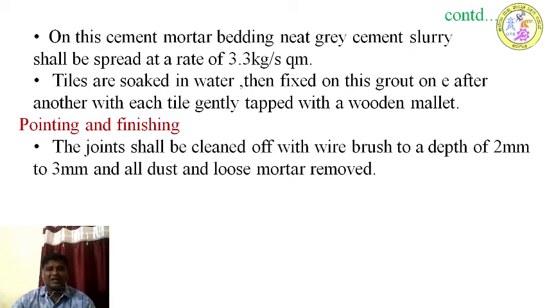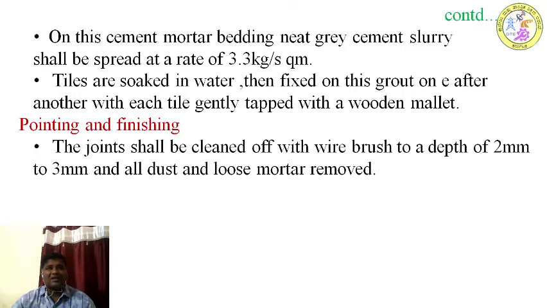After completing the flooring, you are going to apply the white cement. Immediately after a day, the joints will be taken out. The joints means there will be a 1 mm or 2 mm joint between tile to tile.